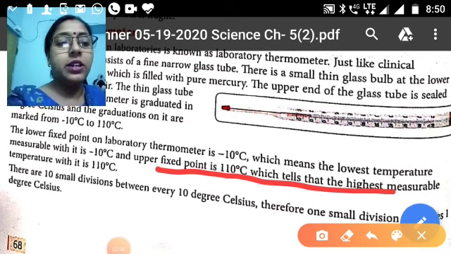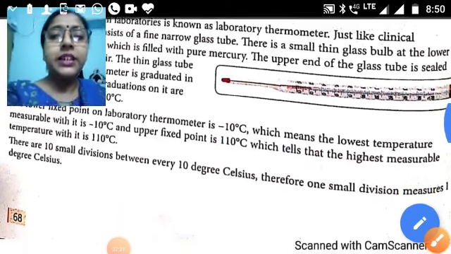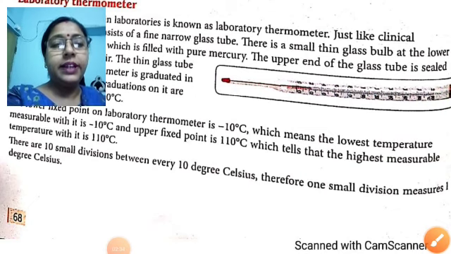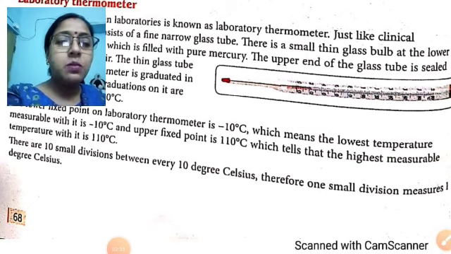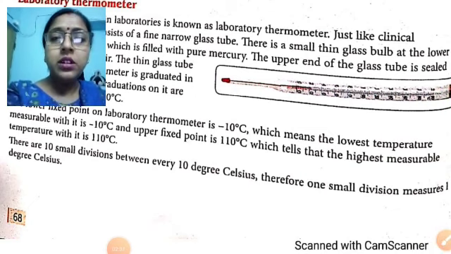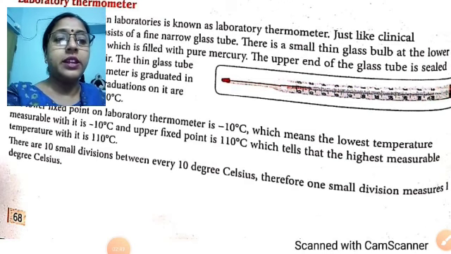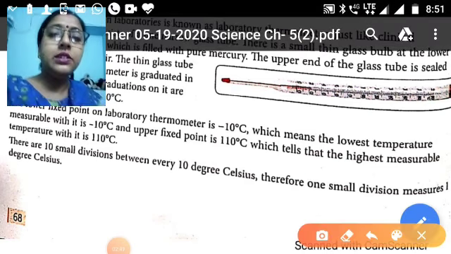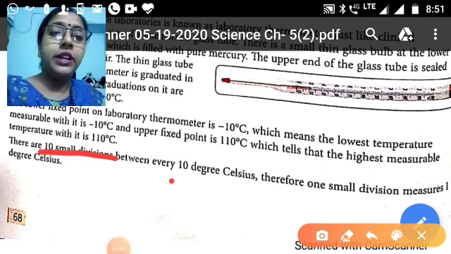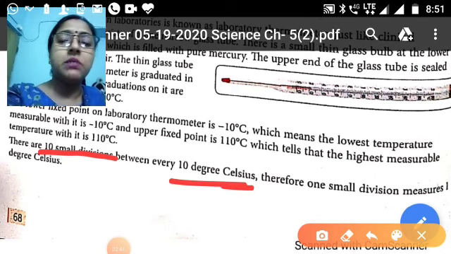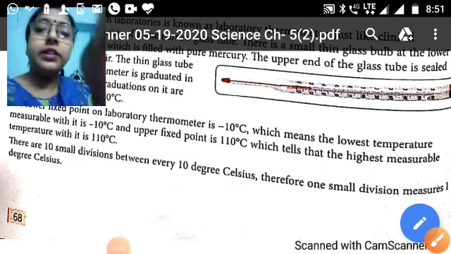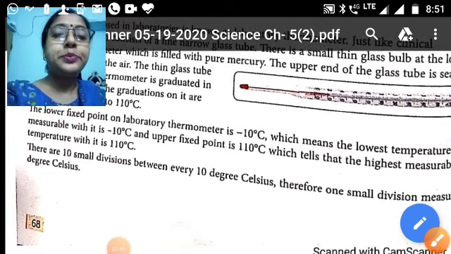There are 10 small divisions between every 10 degrees Celsius. Therefore, one small division measures 1 degree Celsius. So there are 10 divisions between every 10 degrees Celsius, and one small division measures 1 degree Celsius.